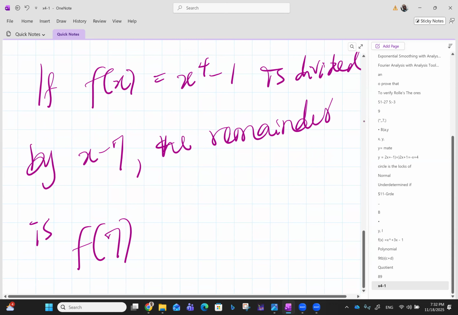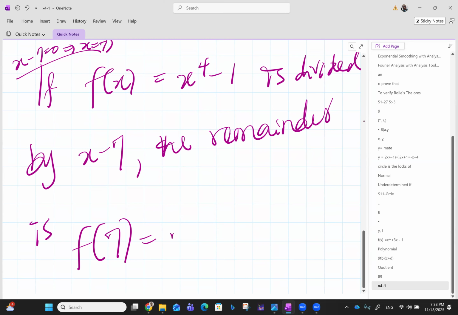That is, if you say x minus 7 equals 0, you get x equals 7. So f of 7 is 7 raised to the power 4 minus 1, which is 2401 minus 1, and that is 2400.